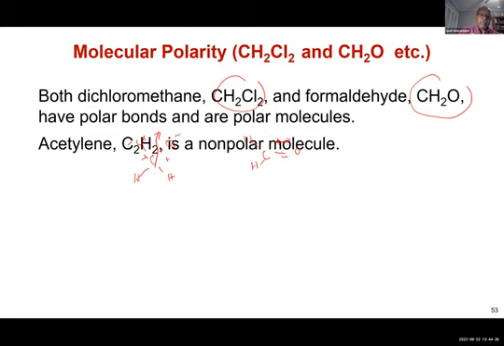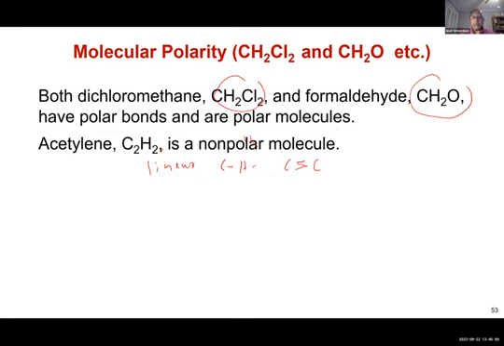Acetylene molecule is non-polar because like carbon dioxide, this has a linear shape as well as carbon-hydrogen bonds are non-polar. Carbon-carbon triple bond is non-polar either.